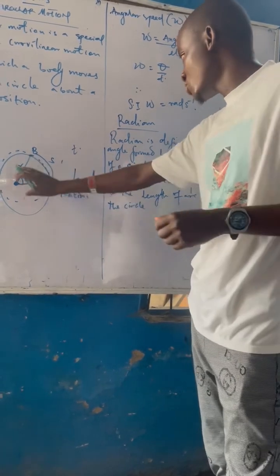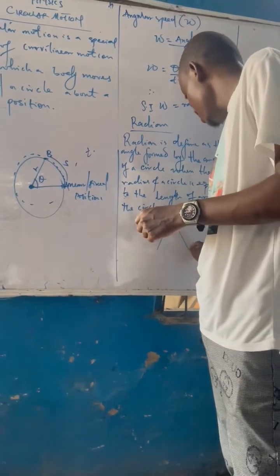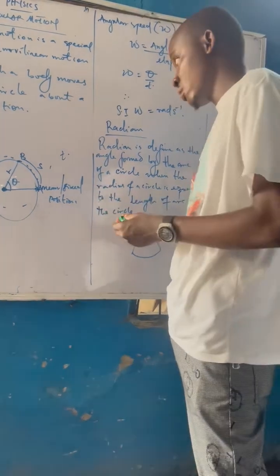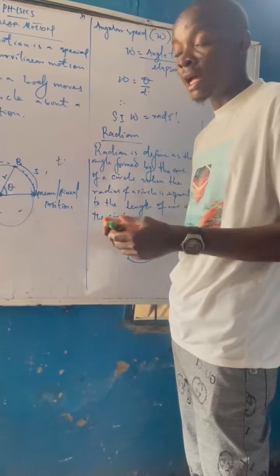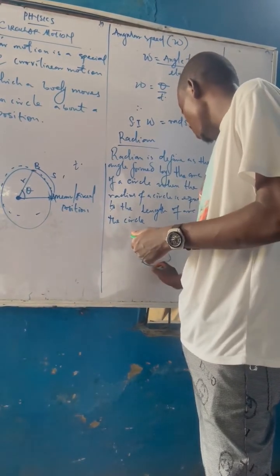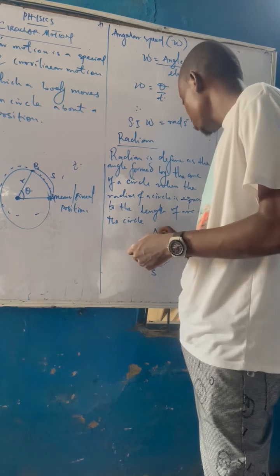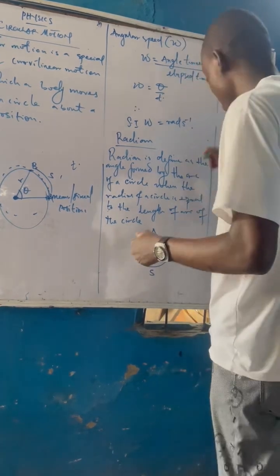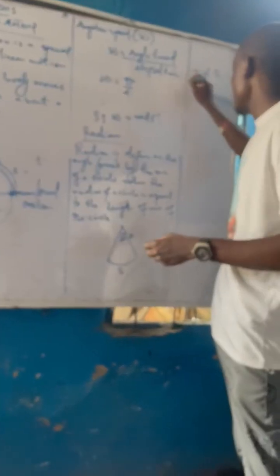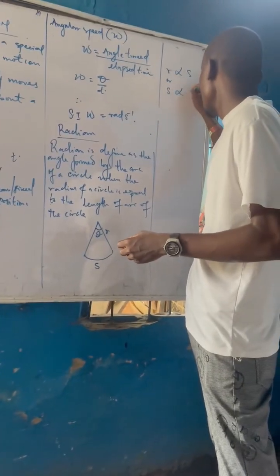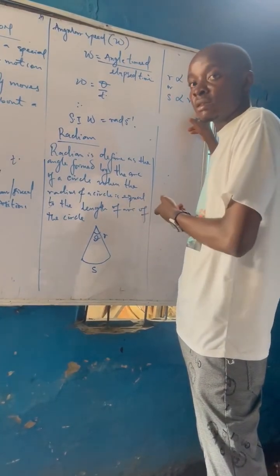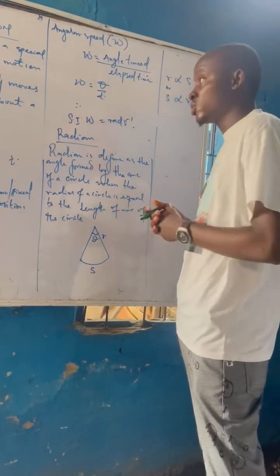So now let's suppose we have this. Now the only condition where we can have radian is if the radius is equal to the length of arc. That is, r is proportional to s, or s is proportional to r, so both of them are proportional to each other.